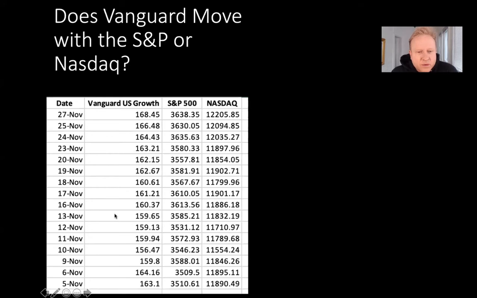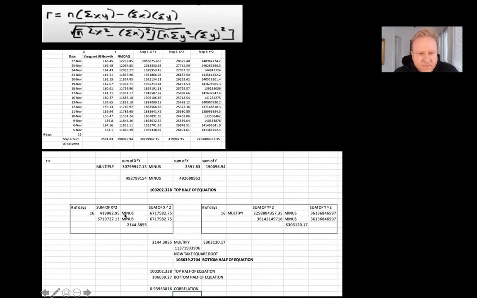So 16 times the 419,000 equals the 67 million. Then we minus the sum of x squared, the 671 number, and that comes out to 2144.3855. So this number is everything in these parentheses.